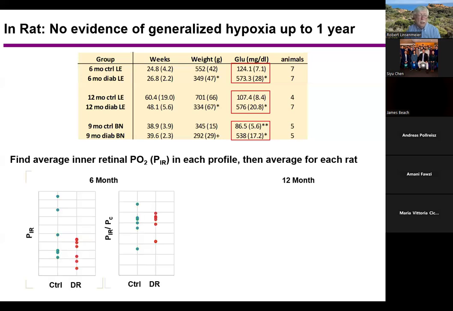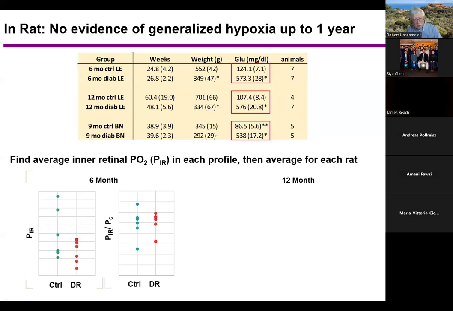And here are the results for 6-month rats. Each dot is an animal. Green dots are control animals, and red dots are diabetic animals. You might say that the diabetics were lower, but statistically, there is no difference between these groups. And we suspected that for a couple of these animals, the calibration that we had done in vitro did not actually hold in vivo.